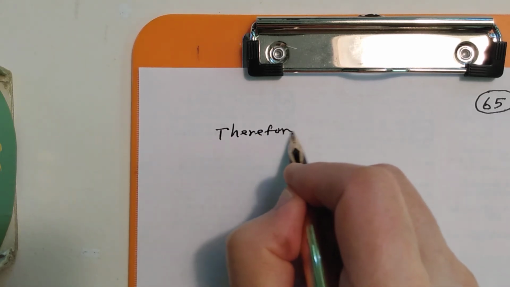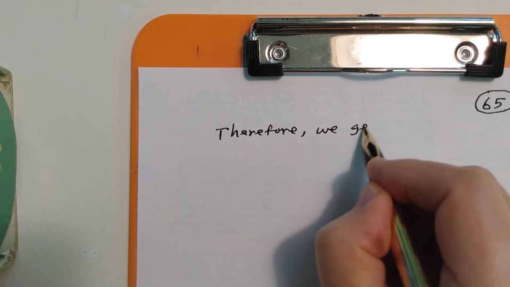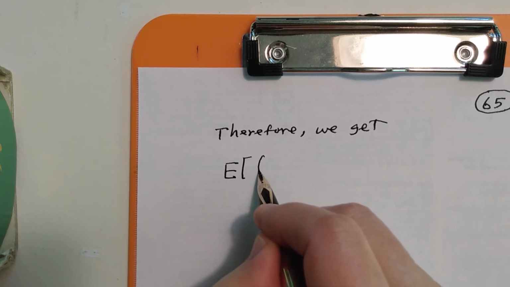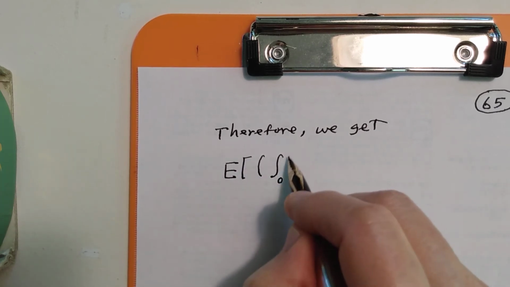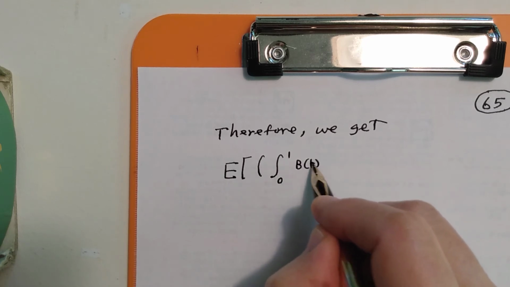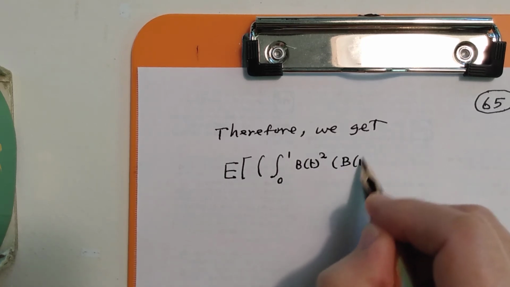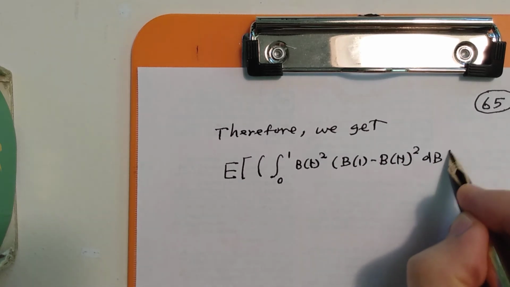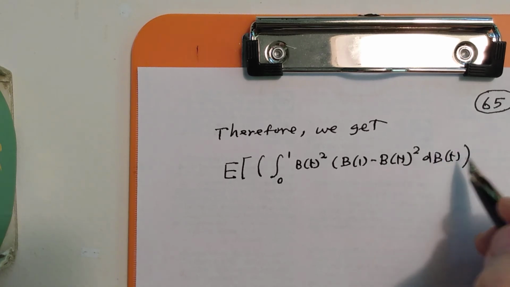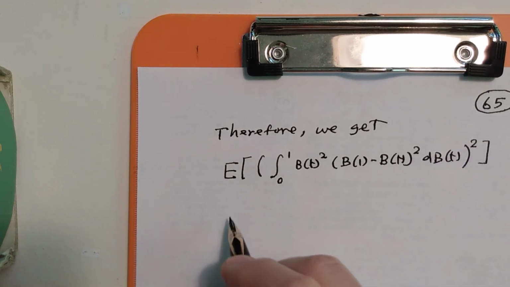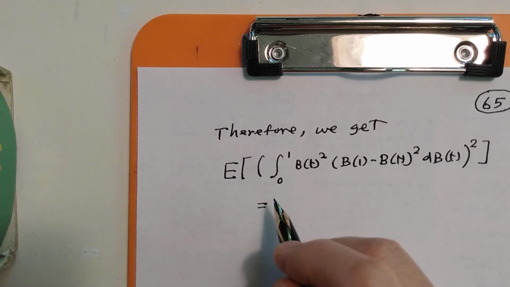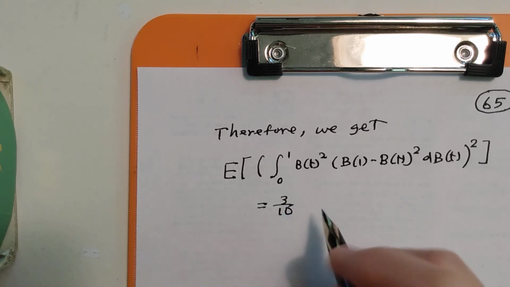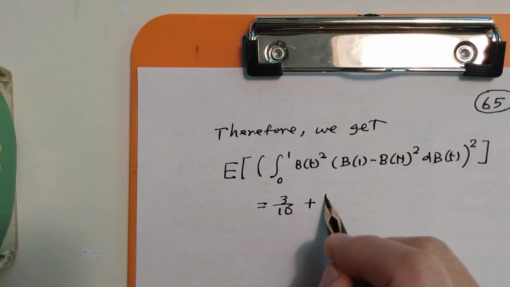Therefore, we get the expectation of our new integral from 0 to 1 of Bt squared times (B1 minus Bt) squared dBt, our new stochastic integral, and then squared, equals 3/10 plus 1/5.